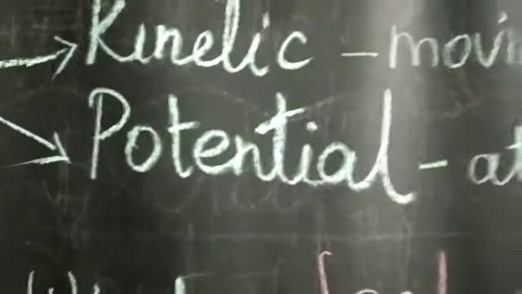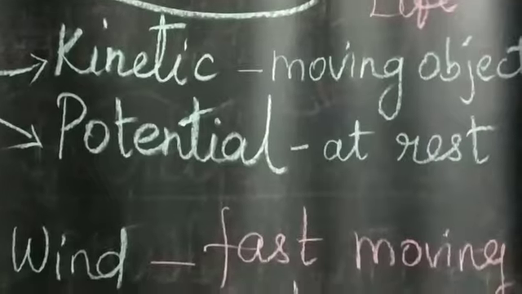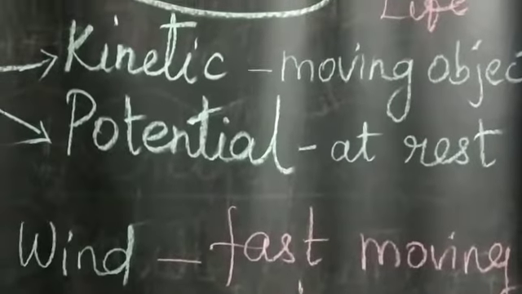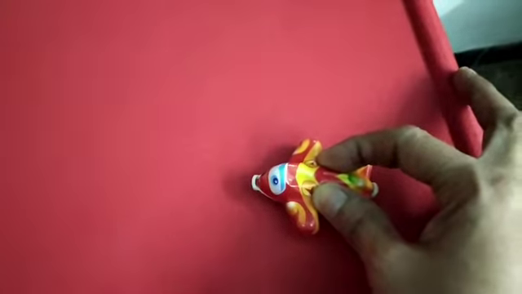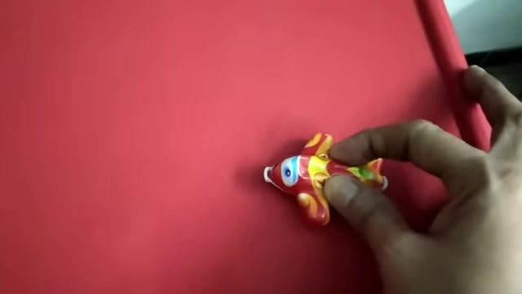Next one is potential energy. Potential energy is what an object possesses when it is at rest. Another time we'll see this toy. Now I'm going to push this toy backward. When I push this backward, this possesses one kind of energy. When I release it, what happened to this toy?